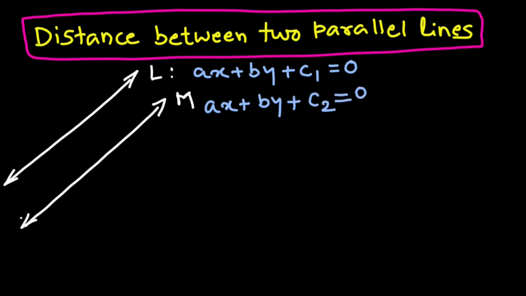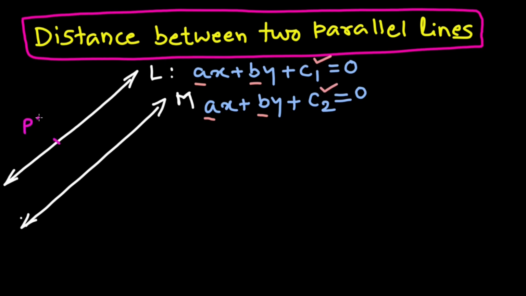We have earlier seen that in the equations of two parallel lines, the coefficients of x and the coefficients of y are either equal or proportional. The only difference between the equations of parallel lines is they have different constant terms c1 and c2.